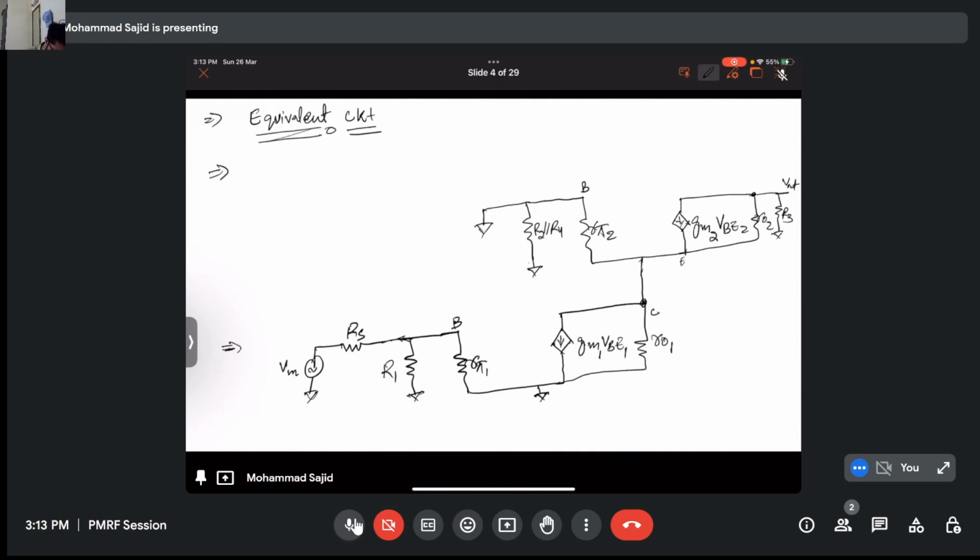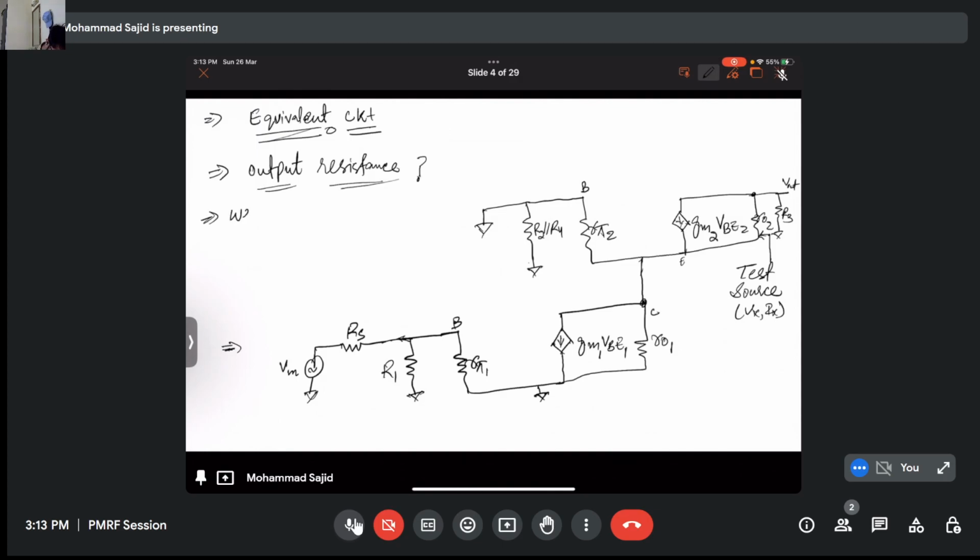Now what we have to find is the output resistance. So we will attach a test source here, Vx, Ix. After we find an equivalent resistance looking into the collector of Q2, let me write it.